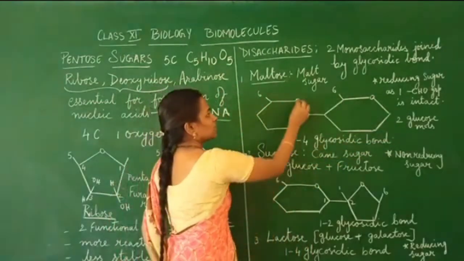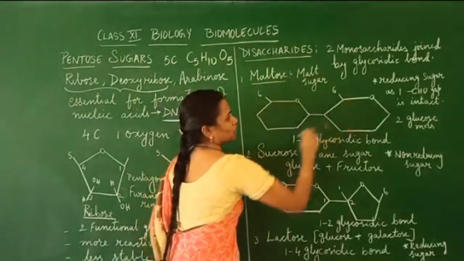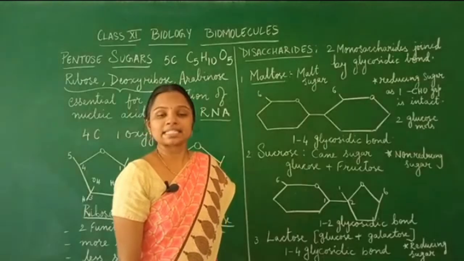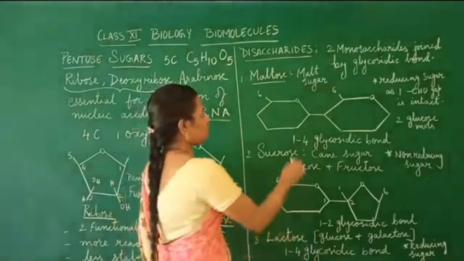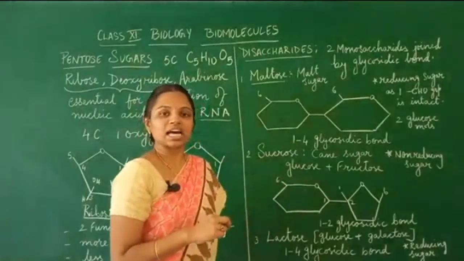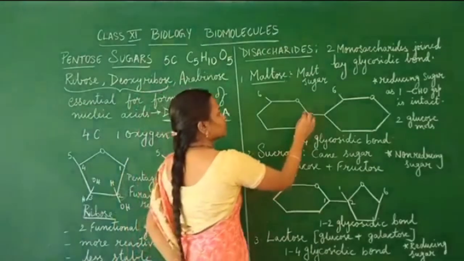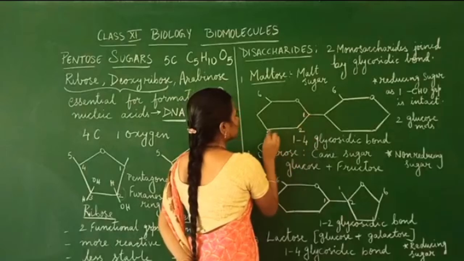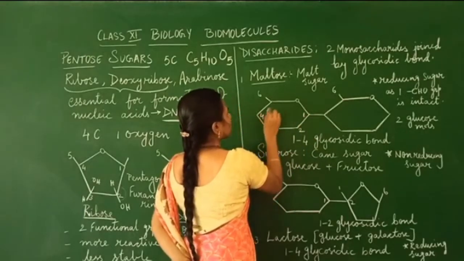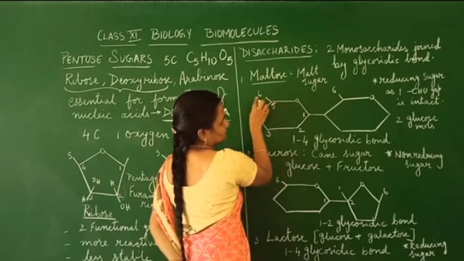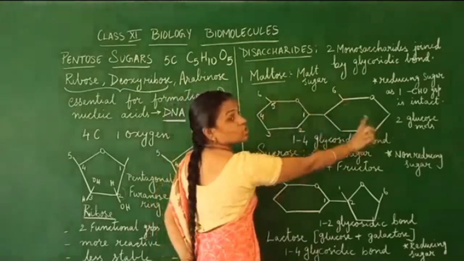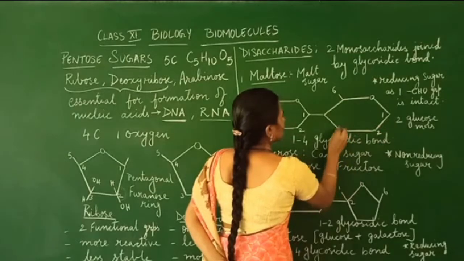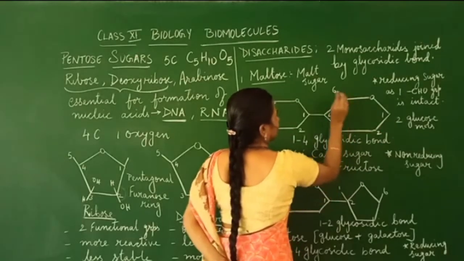So, you can see the glucose structure over here. Glucose has got a pyranose ring, a hexagonal ring. Yes, we have been learning it in the last video. Now here, let us count the number of carbon atoms: 1, 2, 3, 4, 5 and 6. Now coming to the next glucose molecule, you have 1, 2, 3, 4 and 5.